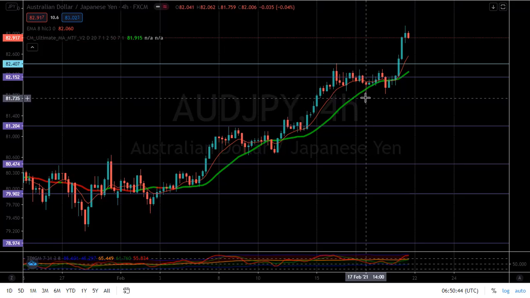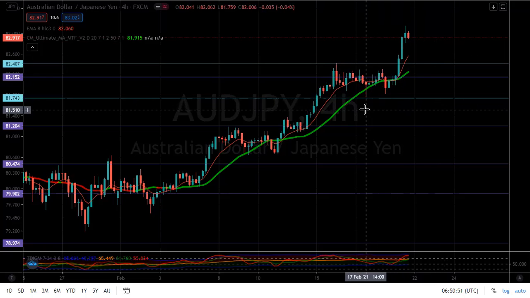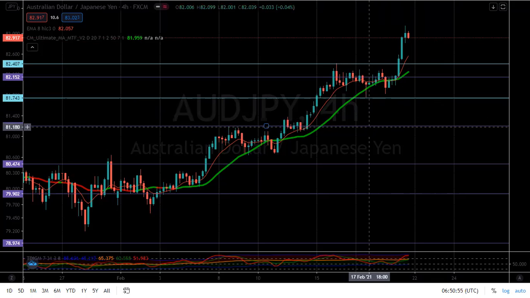Anywhere within this zone is fine for me to see reversals for us to continue to the upside. But if we have a break and close below the 81.75 area, the next key level of support will be my next target, that will be at the 81.20 area.